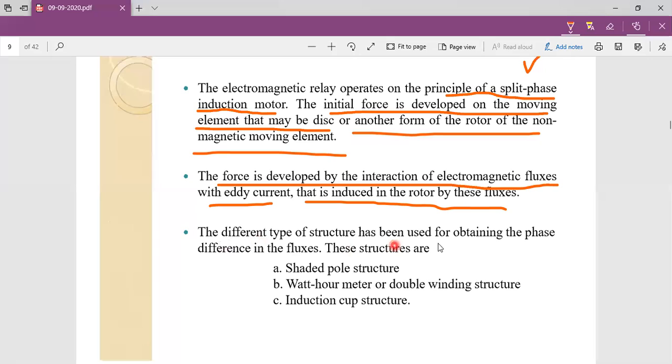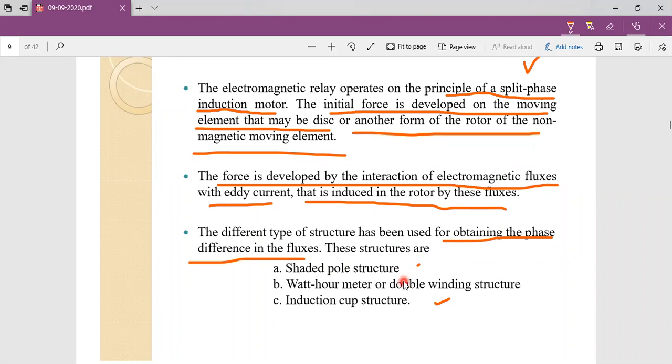Different types of structures are used for obtaining the phase difference in the fluxes. To provide phase differences, we use different structures: the shaded pole structure, the wattmeter or double winding structure, and the induction cup type structure. Here we can get split phase because of these different structures.